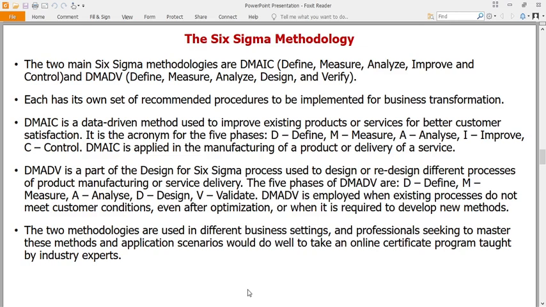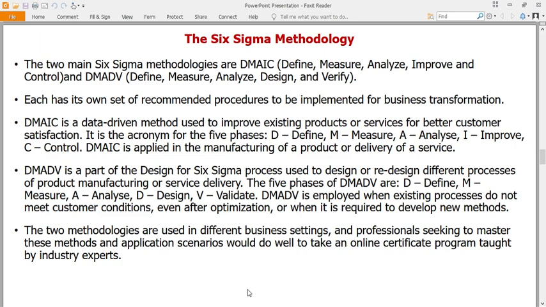Then this is the Six Sigma methodology. It uses two main methodologies, where the first one is you defining a problem, measuring the different actions that need to be done, analyzing, improving, and then controlling the situation.